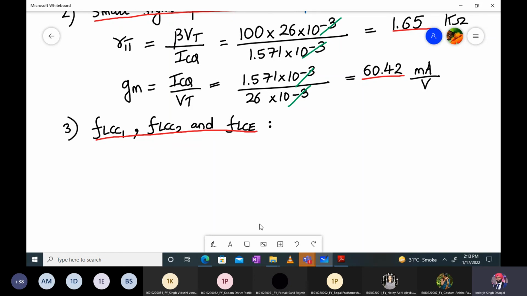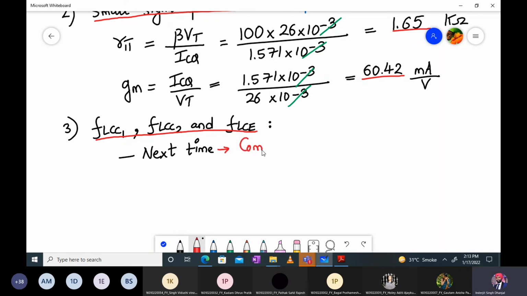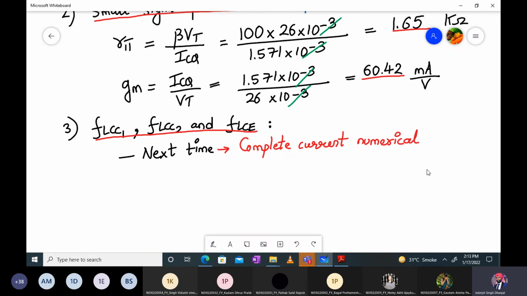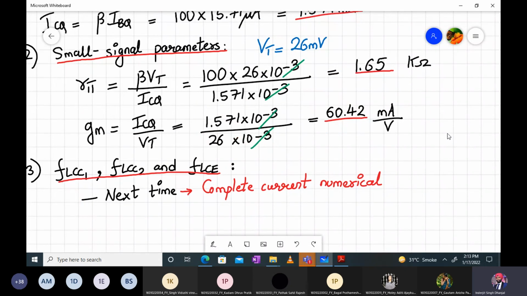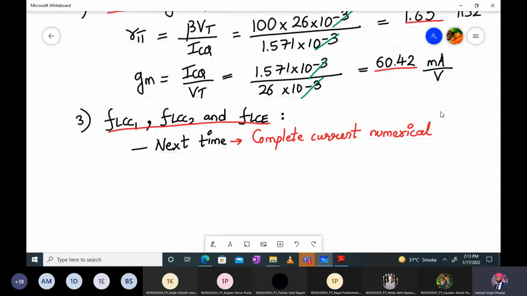So next time we will complete the current numerical, and let's see if we can cover one more numerical. There will be similarities, but slight differences.